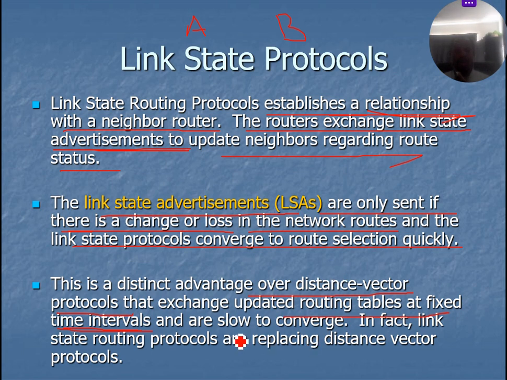The first one is slow, but link state is not, because it does not unnecessarily bug the entire system. In fact, link state routing protocols are replacing the distance vector protocol currently, because you can see the advantage, right? The advantage is clear: it does not just broadcast advertisements.